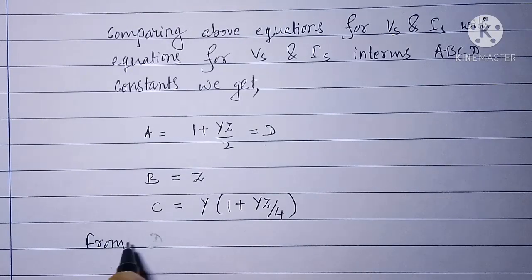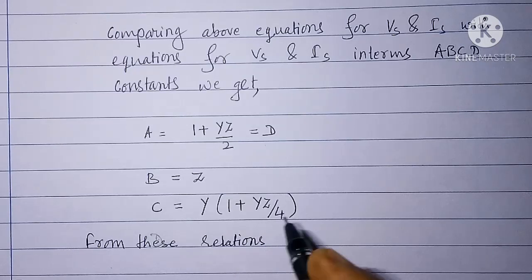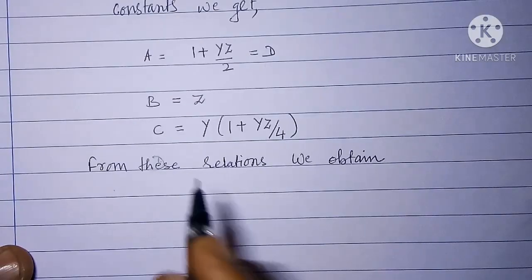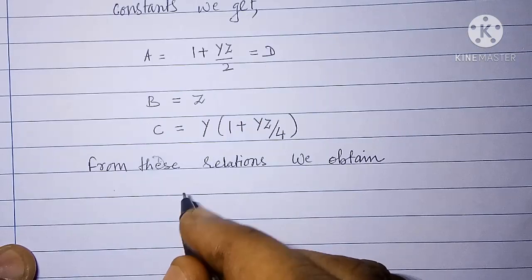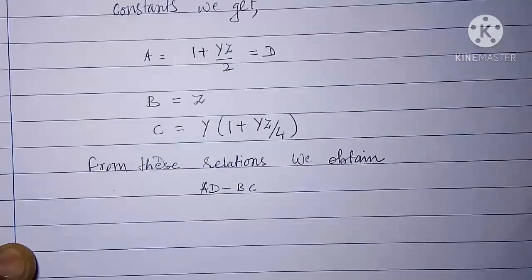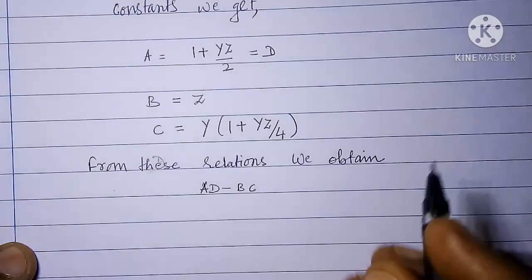From these relations, we obtain AD minus BC equal to 1.